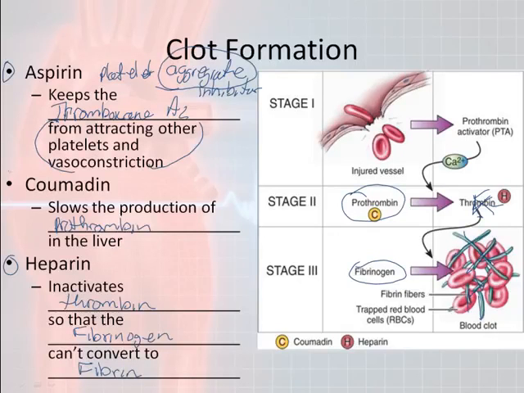On the other hand, Coumadin is usually given out of the hospital. Why? Because it has to actually slow the production of something in the liver. So you can't really give Coumadin in an emergency situation if somebody's having a heart attack right now. Sure, you can give it later, but initially you're going to be giving the person aspirin, possibly heparin, possibly even something called a fibrinolytic, which breaks apart the fibrin threads, which we will discuss later.